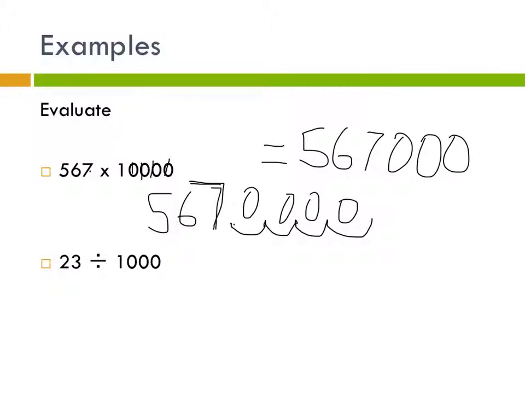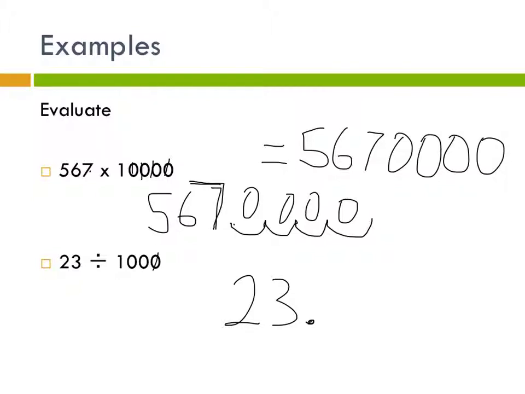So if I write it out a bit more neatly, 567 multiplied by 10,000 is 5,670,000. Now 23 divided by 1,000. Again, that 23 doesn't appear to have a decimal point, but I know it's a whole number, so the decimal point will come after the 3. There's my decimal point. Now I want to divide it by 1,000. When I divide, I move towards the left.